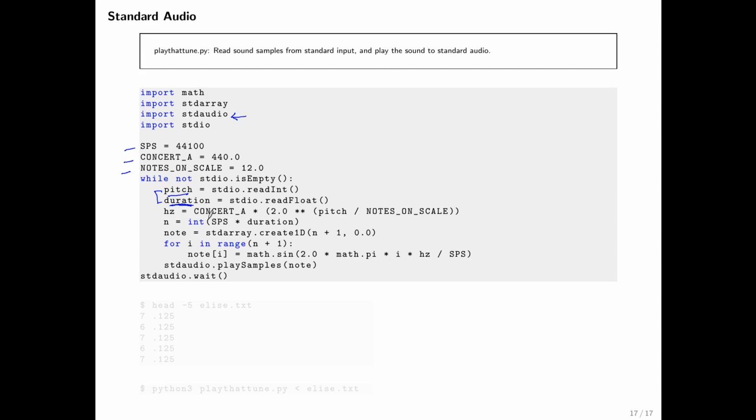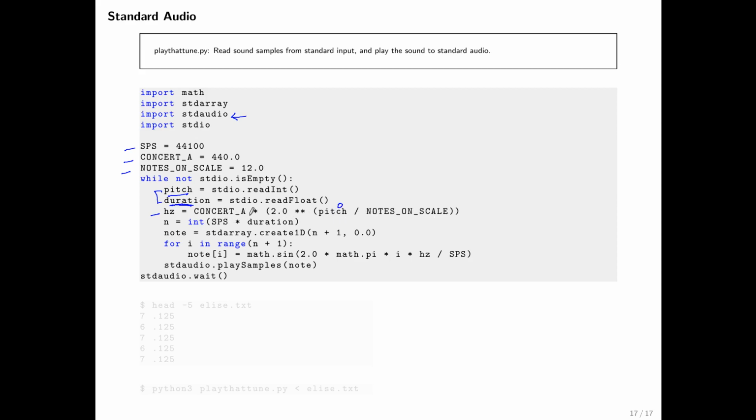And then what we do is, given the pitch, we turn it into a frequency in hertz using this formula. All right, so let's think about this formula carefully. So it says hertz is concert A times 2 to the power pitch divided by notes on a scale. So if pitch is 0, for example, what is this quantity going to be? Well, that's 0. What is 2 to the 0? It's 1.